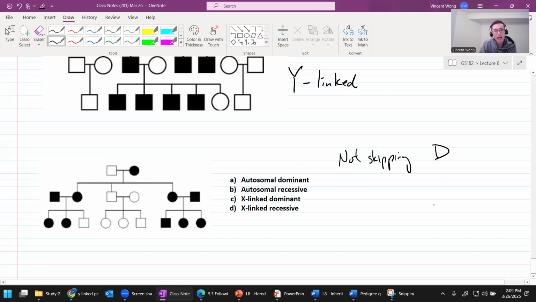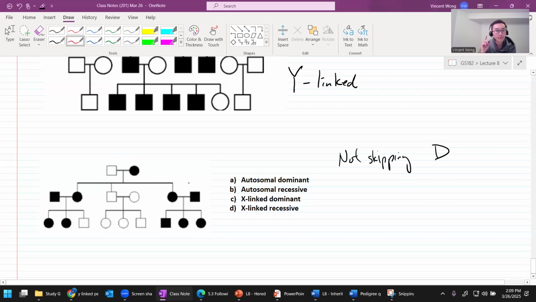Another thing to look for is that parents who are affected also have affected kids. That's another sign that it is dominant. Now we have to figure out whether this is X-linked or autosomal. Daughters are more affected.